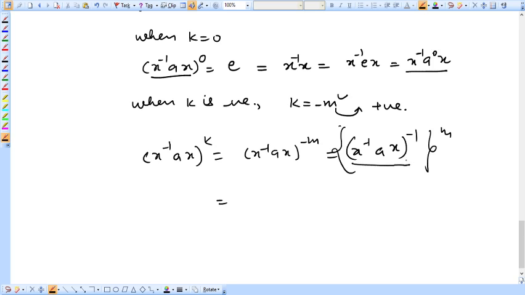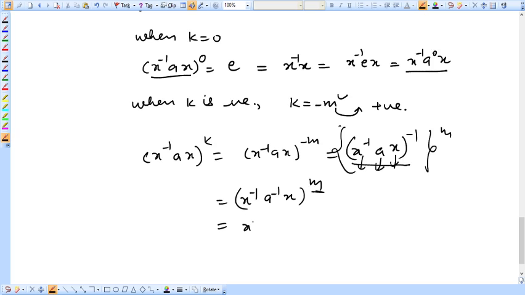It would be written first with inverse sign, then this with inverse sign, then this with inverse, and x inverse inverse is equal to x. So instead of this we can write x inverse a x to the power m, since this is a positive number now, and we have already proved this result for positive numbers, so we can directly write it in this way.